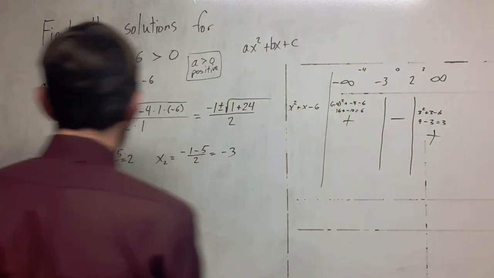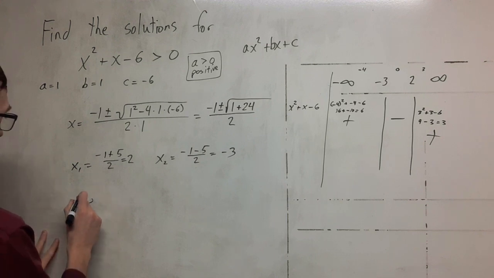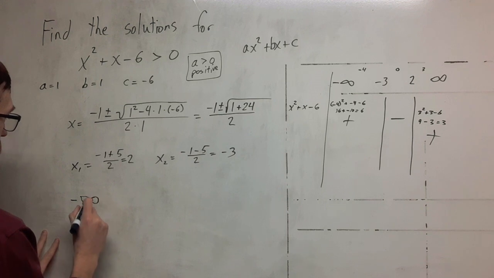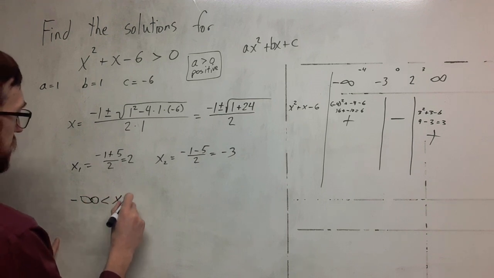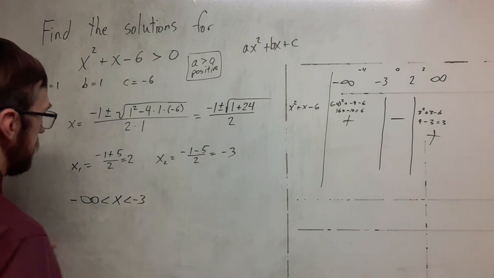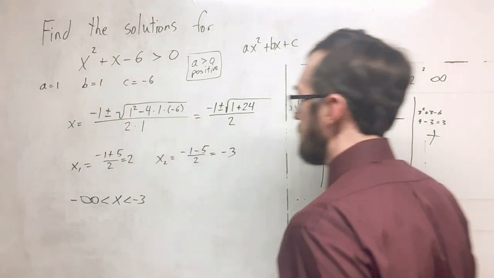So we're going to write the interval negative infinity is less than x, which is less than negative 3. This is one of the intervals that will be true for this.